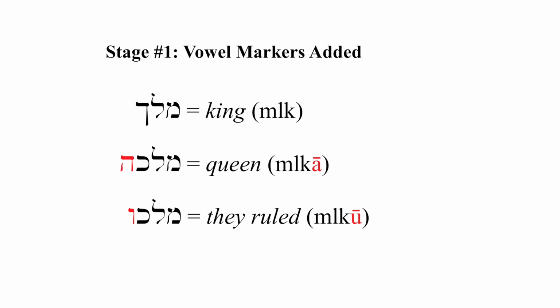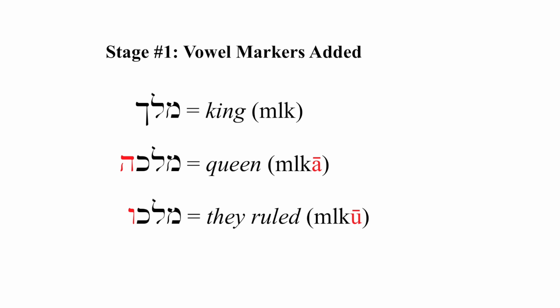As a first stage in marking the presence of vowels in a written text, certain consonants were added into the text to mark the presence of a vowel. As you can see here from a very rudimentary depiction, the letter he has been added to the end of the word for queen, and a vav has been added to the end of the word for they ruled.